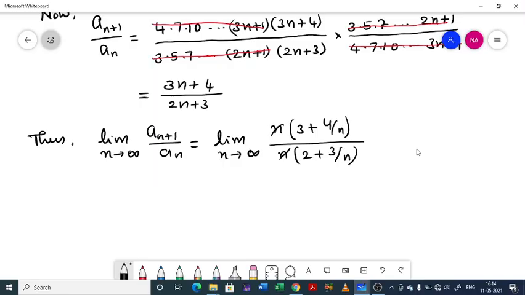So n gets cancelled, we will be getting as n tends to infinity, 4 by n will be 0, 3 by n will also be 0, you get 3 by 2. 3 by 2 is greater than 1, thus the series diverges.